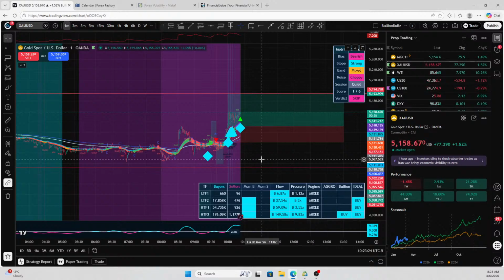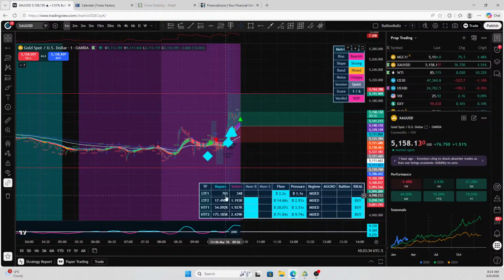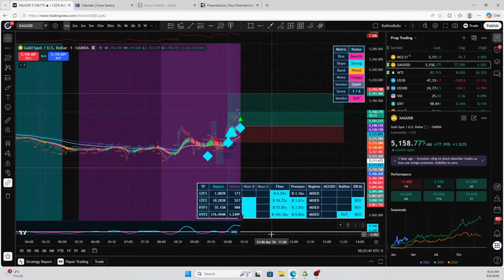We should see price making aggressive moves now to the upside. Yeah, sellers are coming in, but they're being dominated by the buyers. So yeah, market should be pushing aggressively to the upside in a bit. Potentially we can close half once we see that push coming in.